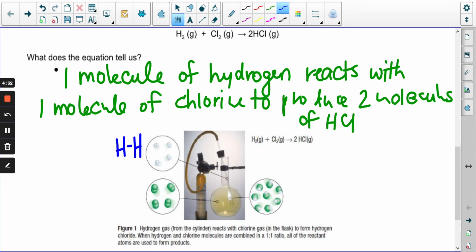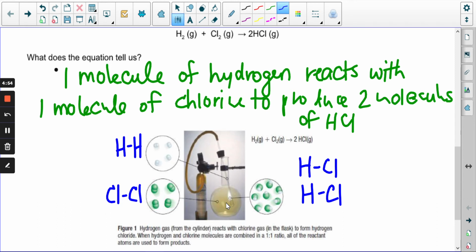And likewise, our Cl2, they're actually linked together. And so for each one of these molecules that we add together, we end up with two of HCl, which would look something like this. This picture is depicting what that reaction looks like.